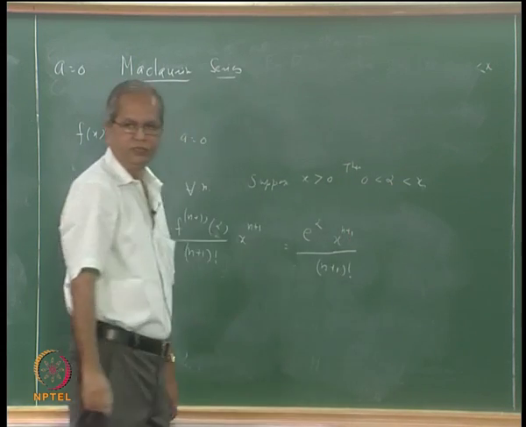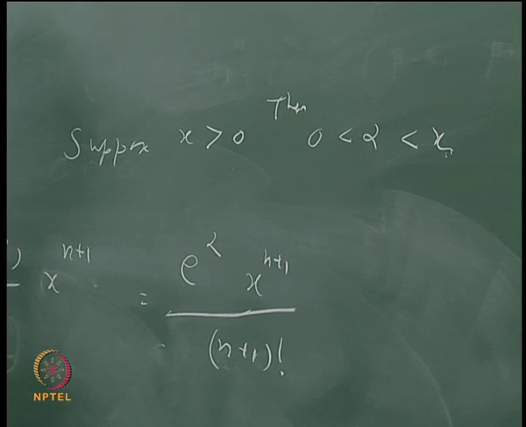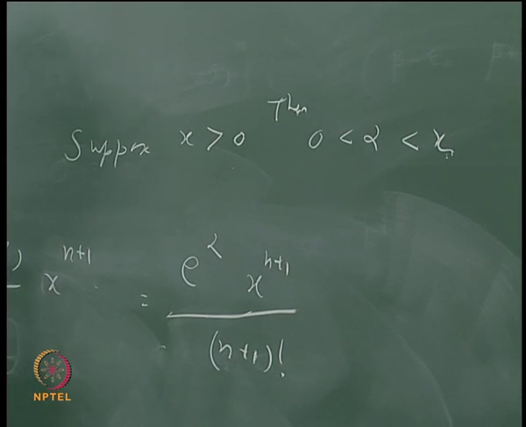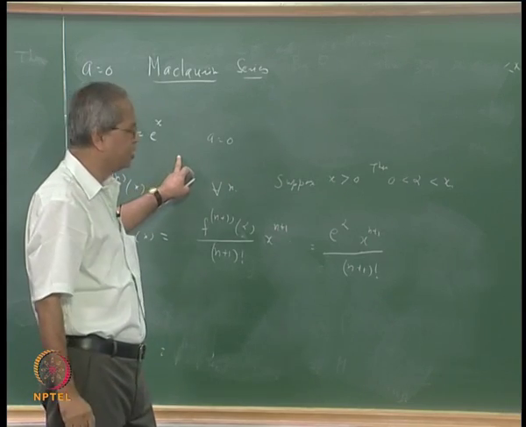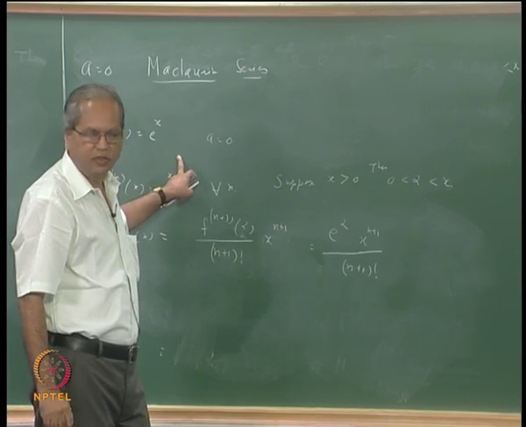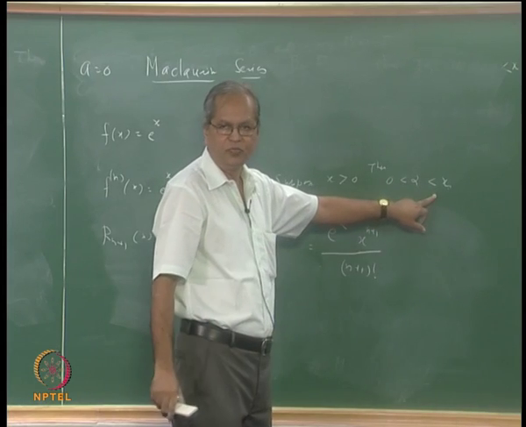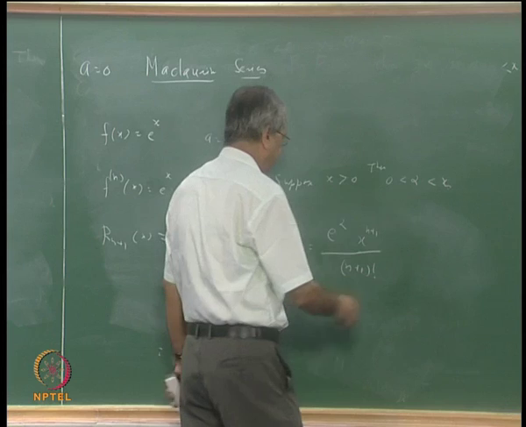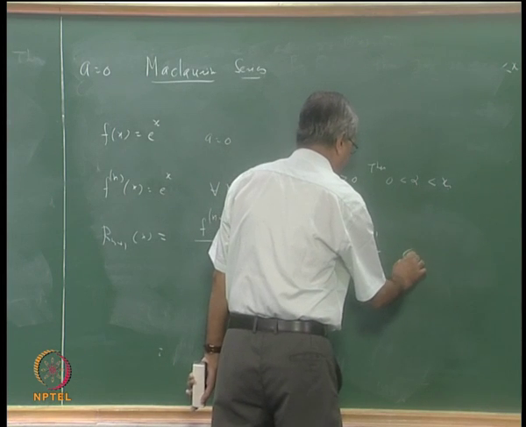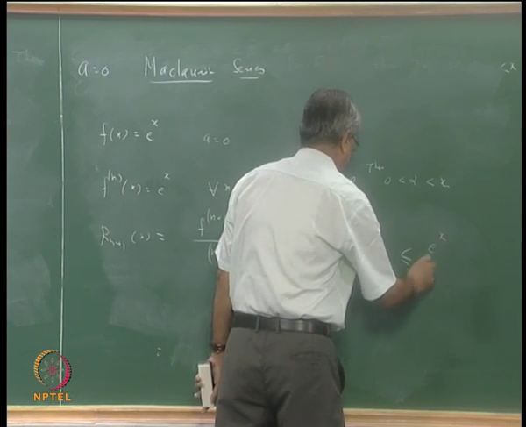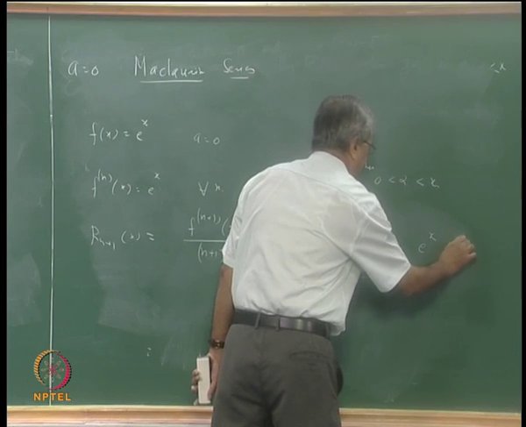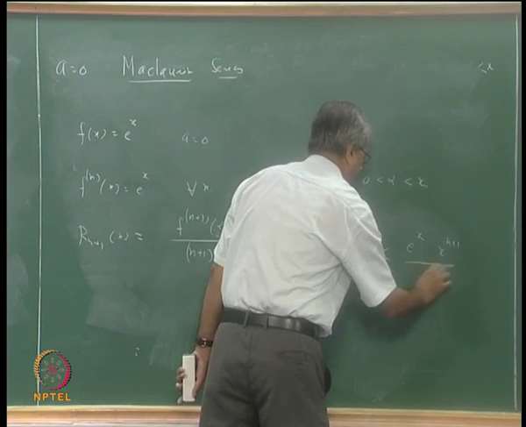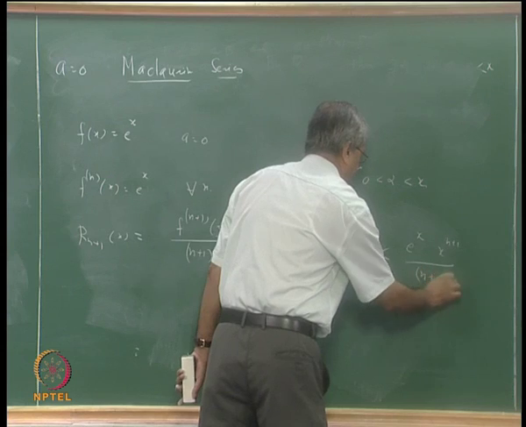Let us assume that we know that e to the power x is a monotonically increasing function. So e to the power alpha will be less than e to the power x. So we can say that this is less than or equal to e to the power x multiplied by x to the power n+1 divided by (n+1) factorial.